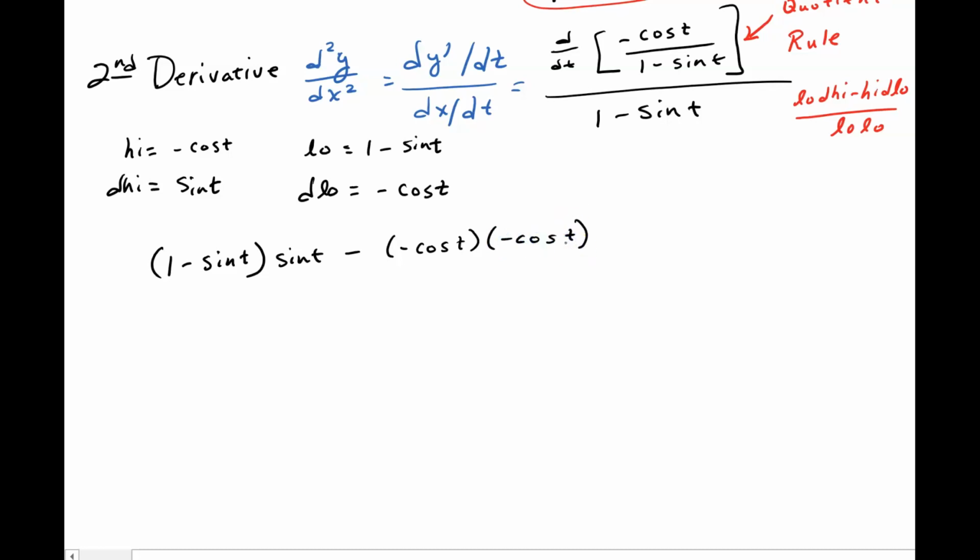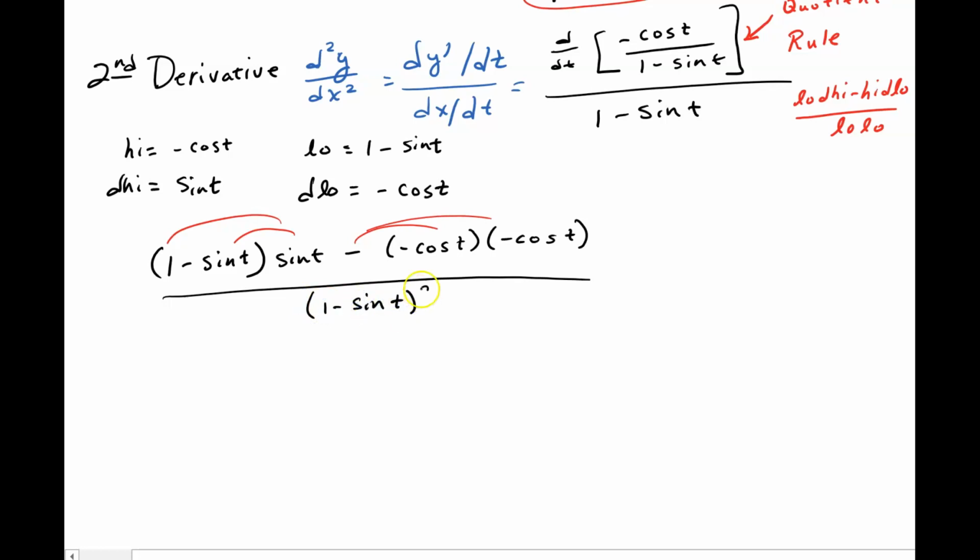All right, I'm already seeing some stuff play out in my head here, but let's figure this out. We're going to distribute that negative sign there, and then of course we're going to divide it by low low, which is 1 minus the sine t, all squared. I'm visualizing this already.